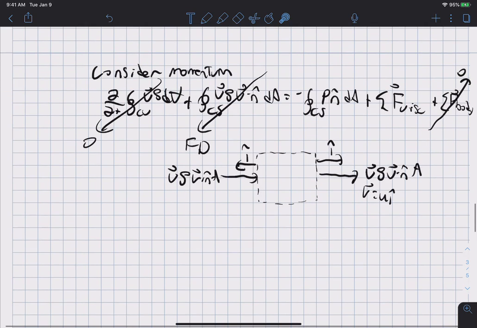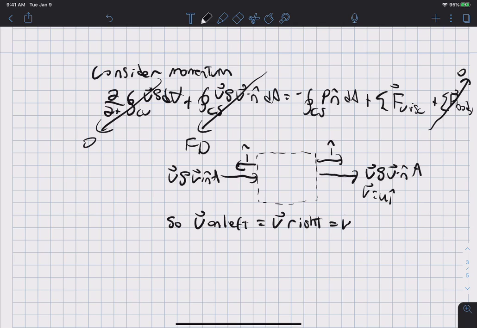Okay? And furthermore, because it is fully developed, the velocity at this point here, which is further downstream, is equal to the velocity at this point here. So v on the left equals v on the right.